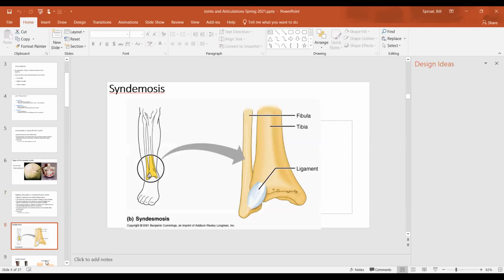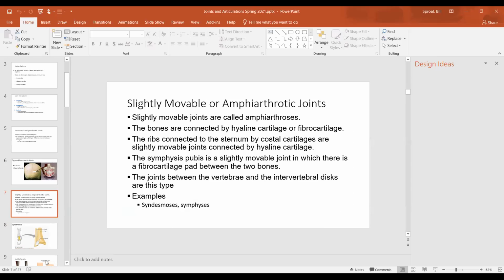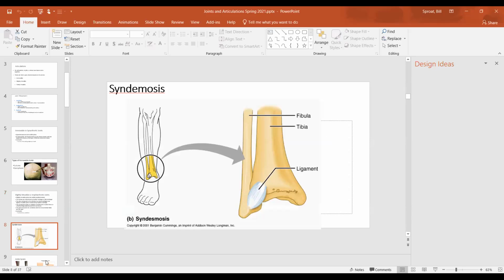And another example of the synostosis is the joint that occurs where the fibula articulates with the tibia.